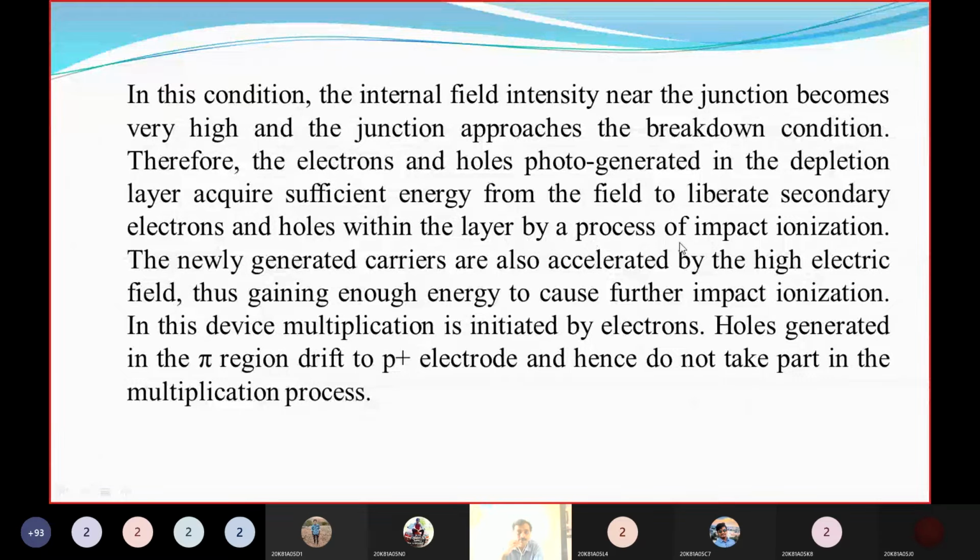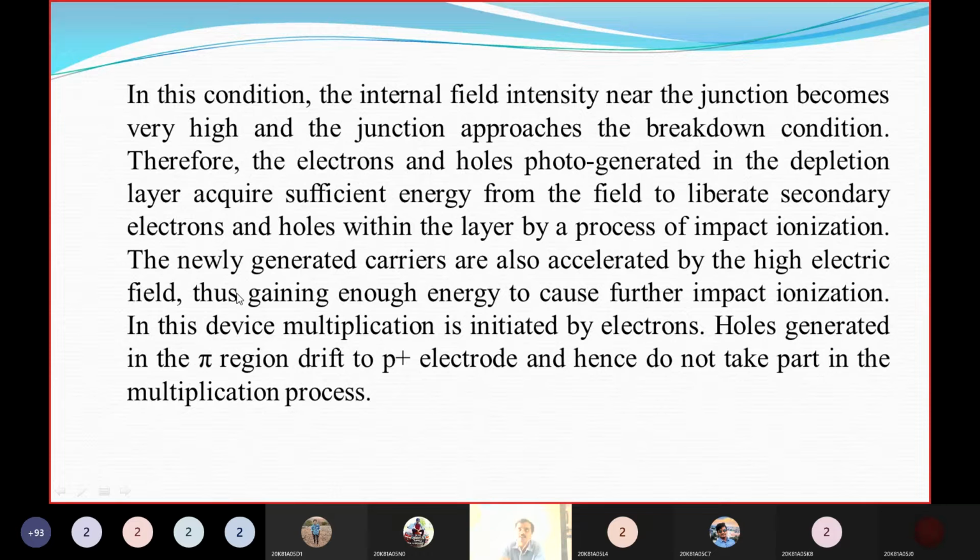Impact ionization is nothing but those energetic electrons colliding with the surrounding electrons and ionizing them. The newly generated carriers are also accelerated by the high electric field.